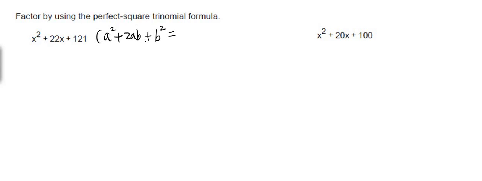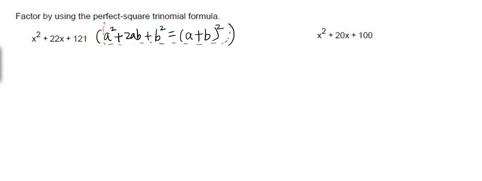If we have this format, we're going to have a complete square, a plus b square. This is the well-known formula. We call it the perfect square trinomial formula.